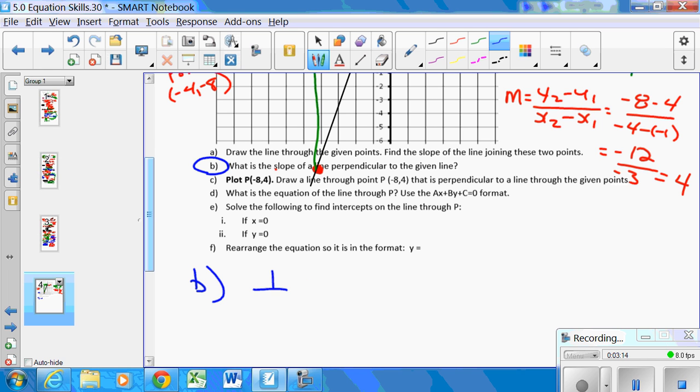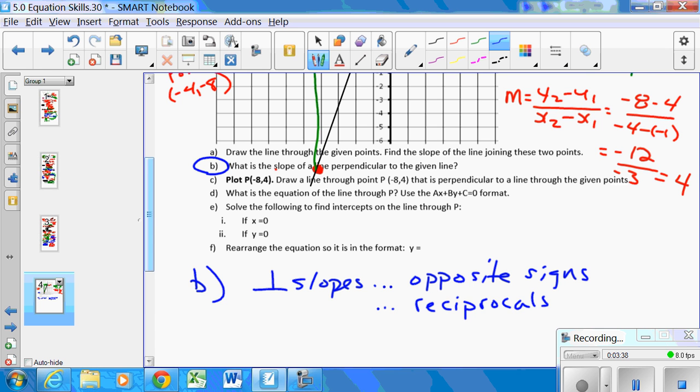What you need to remember about perpendicular slopes, there's 2 things about them. They have opposite signs. So that means one of the slopes is positive, one of the slopes is negative, so we have opposite signs. And the other thing is that they're reciprocals.